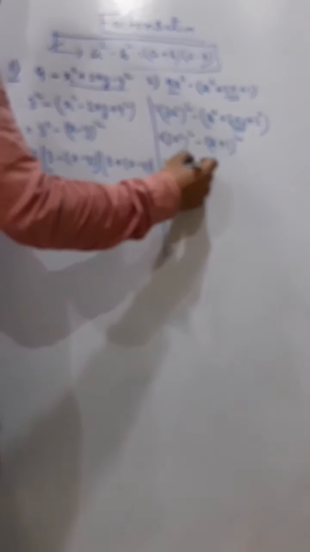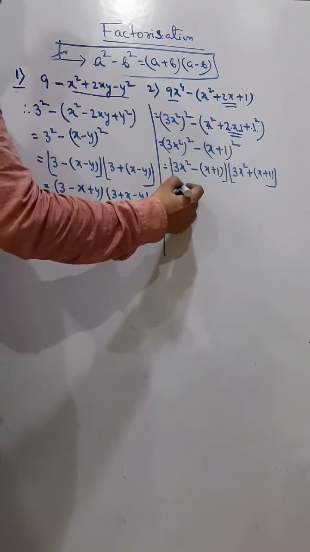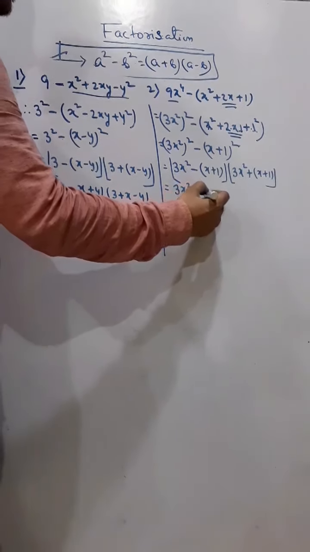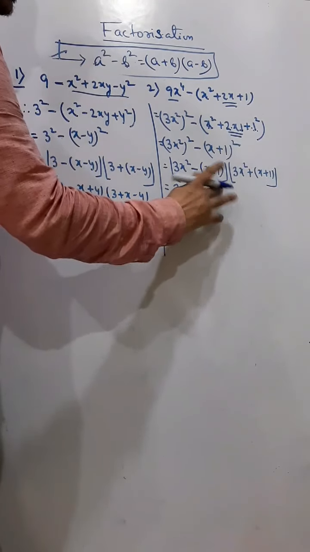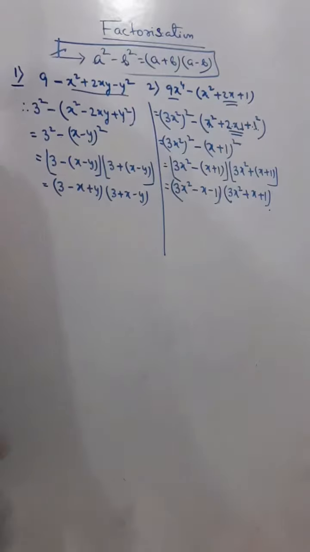So this is again a minus b, and then a plus b, and now we'll open the bracket. A minus B means this, and A plus B means this. Okay.